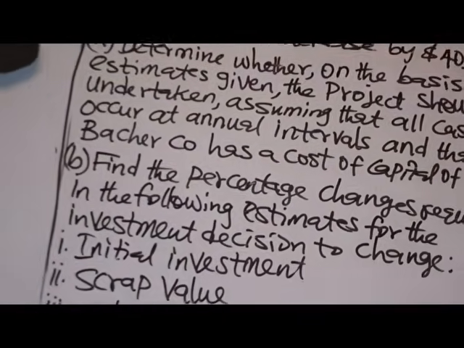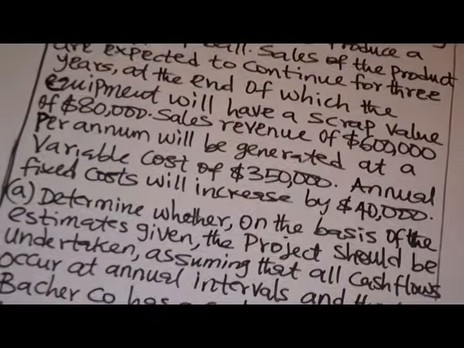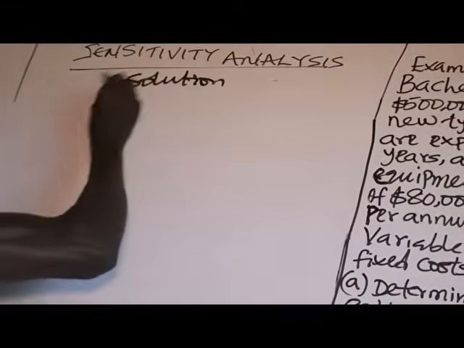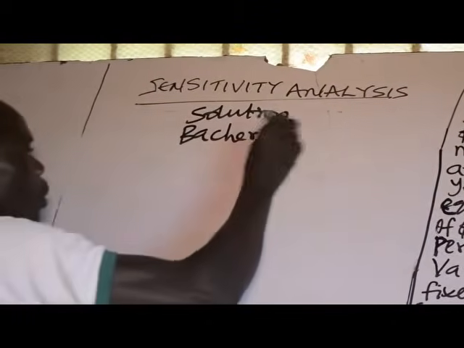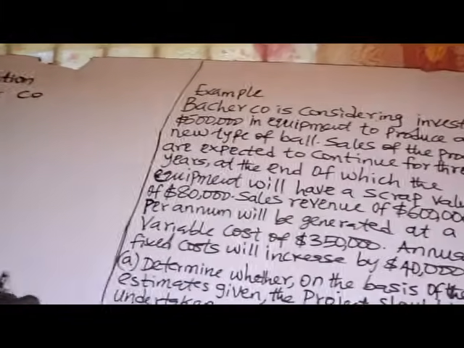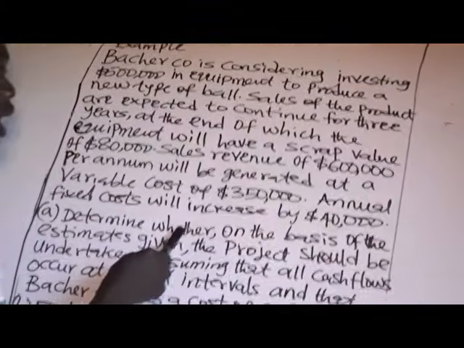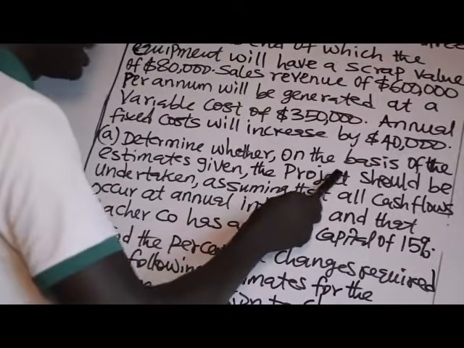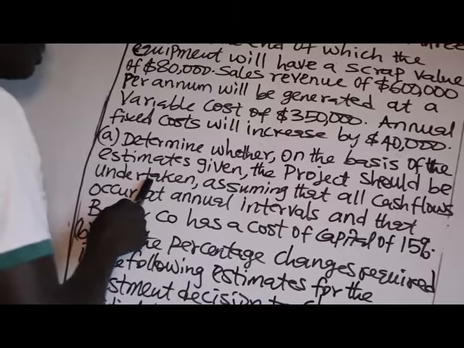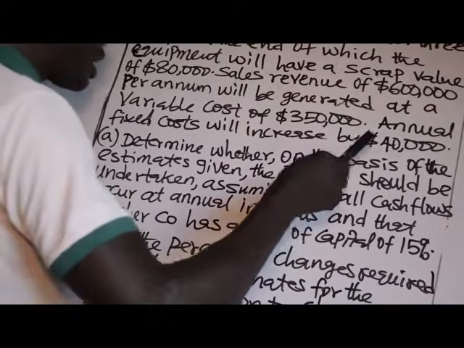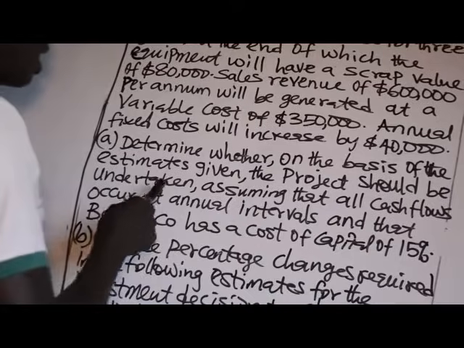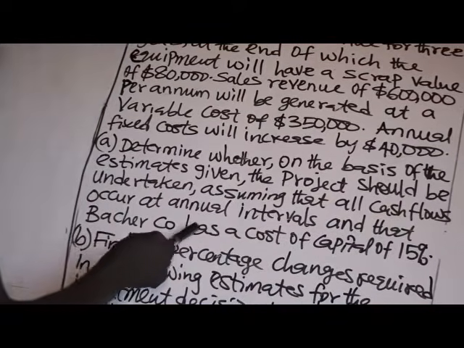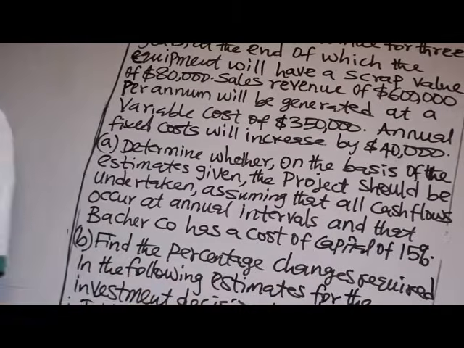Now, the solution. The name of the entity in question is Basia Co. In requirement A, you are to determine whether, on the basis of the estimates given, the project should be undertaken, assuming that all cash flows occur at annual intervals and that Basia Co. has a cost of capital of 15%.